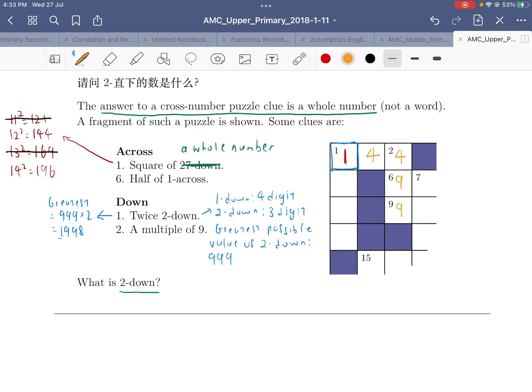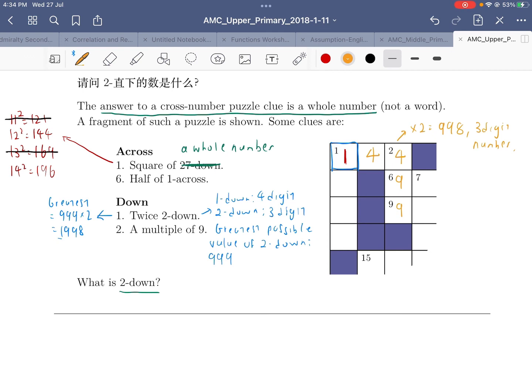But 499 times 2 will just give us 998, which is a 3-digit number, but 1 down is a 4-digit number.